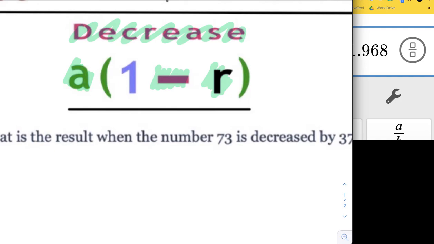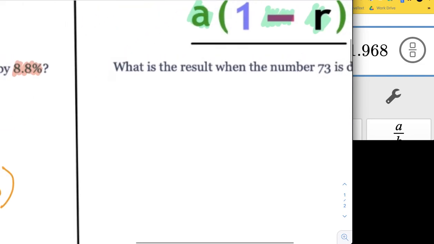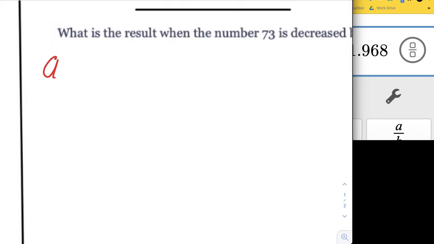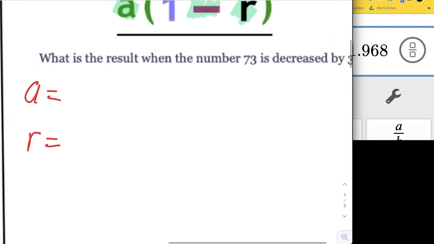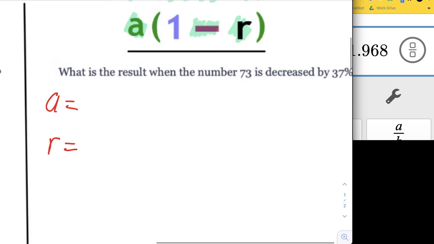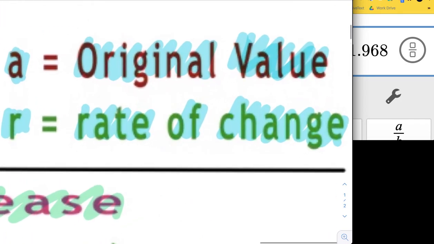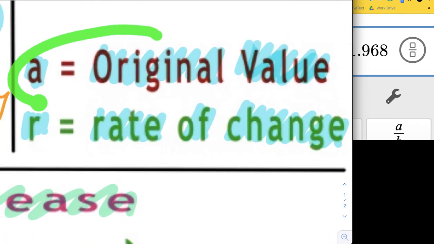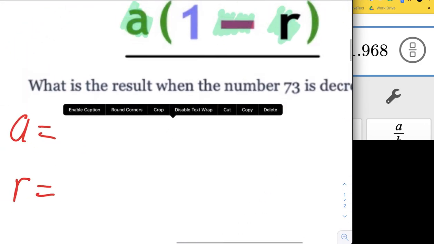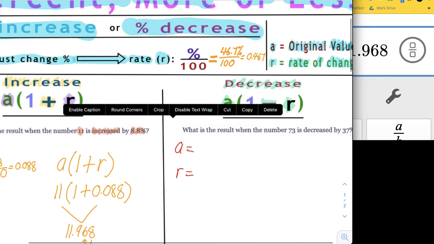So the two things that we need are A and R. So we're going to say A equals, R equals. So A, as we remembered, is the original value. What is the starting number here on this second example?